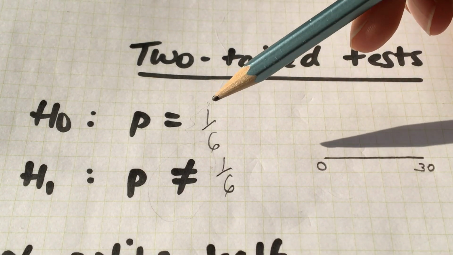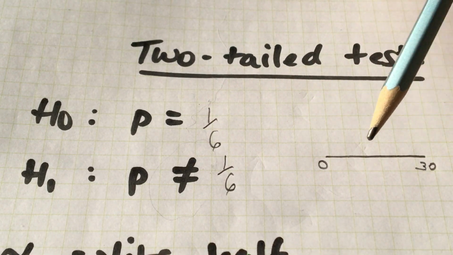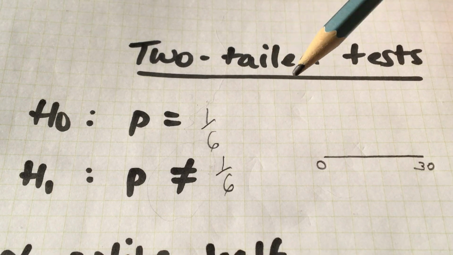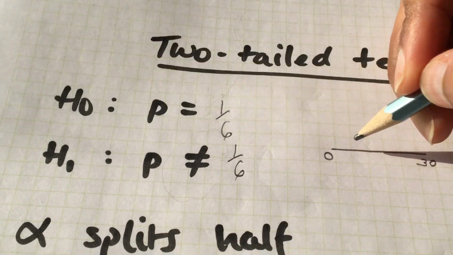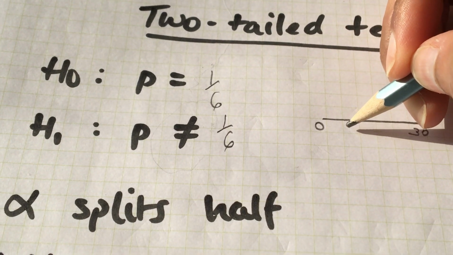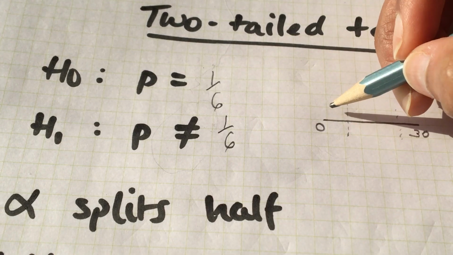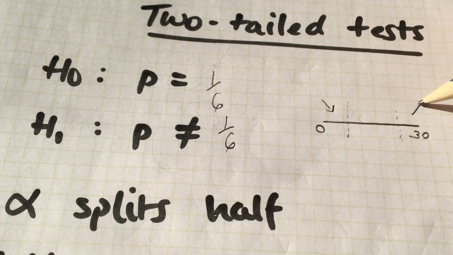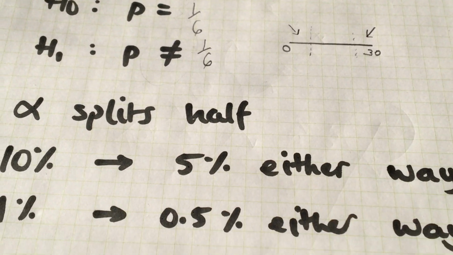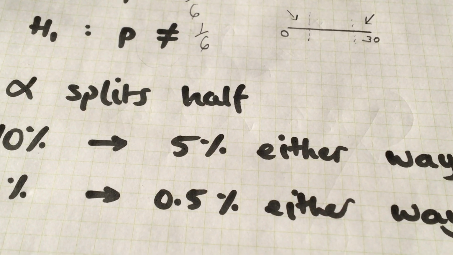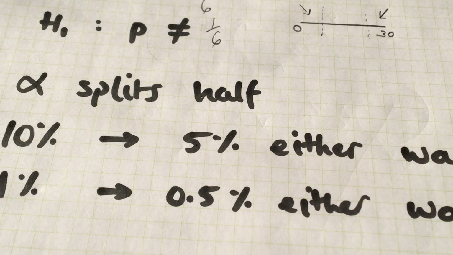However, in this case, because we're looking at a two-tailed test and we don't know which way the specific outcomes would be, the significance level splits in half. So we distribute the significance level equally towards the lower end of the tail and towards the top end of the tail. So if it's a 10% significance level, we would split it 5% either way. If it's a 1% significance level, we would split it 0.5% either way.